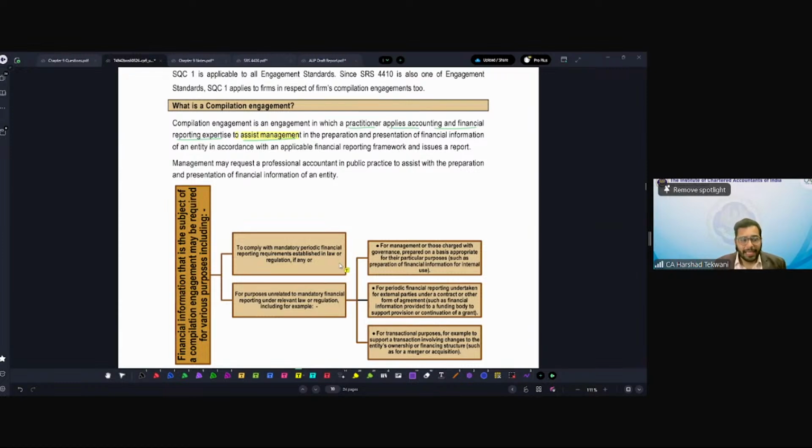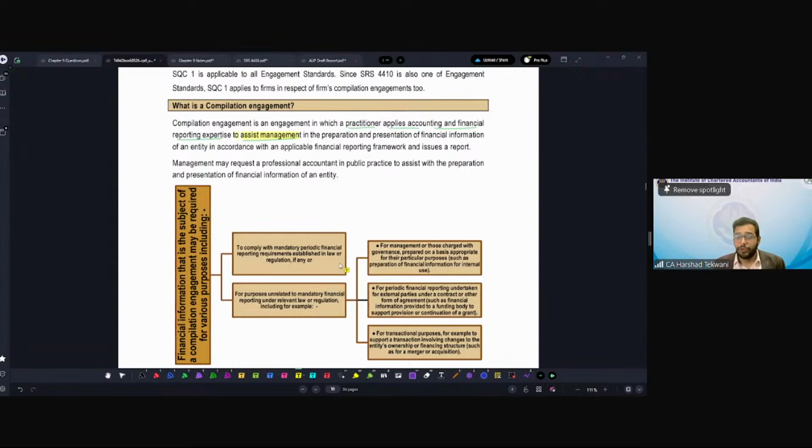So in that case, the financial information can be prepared for any category, not necessarily the annual financial statement or general purpose financial statement. I have not used the term general purpose financial statement. I am only using the term financial statements or financial information.